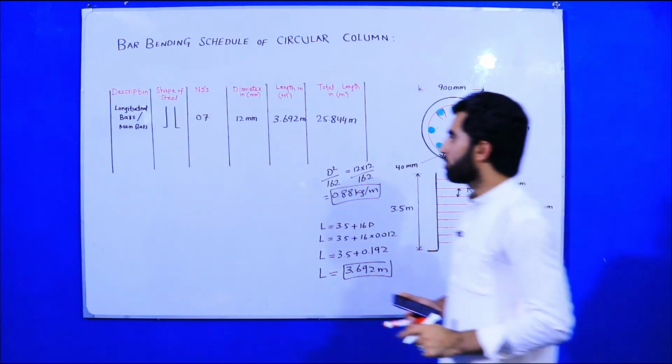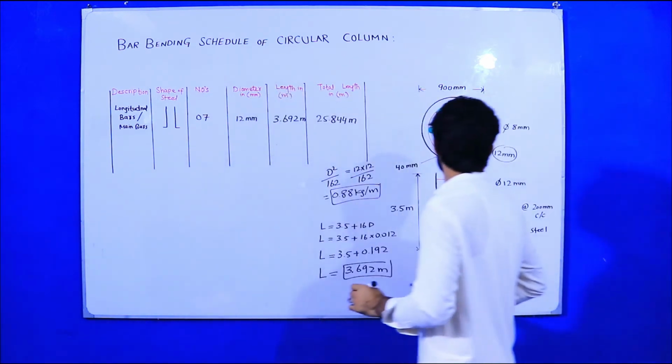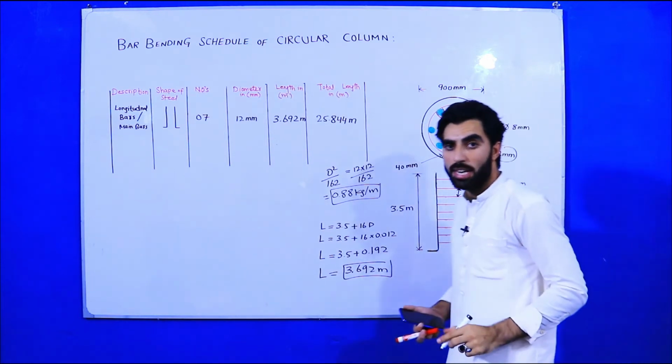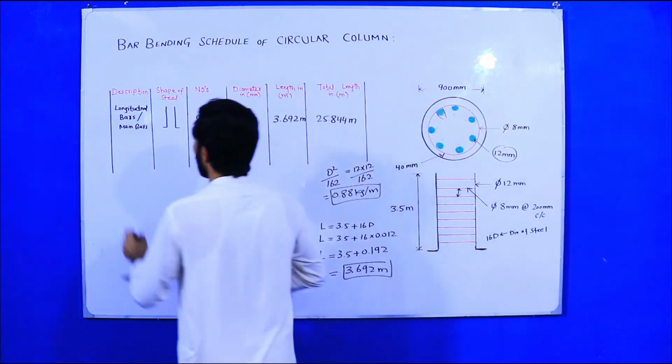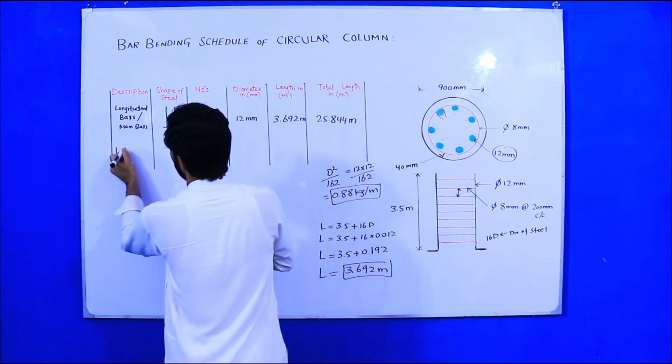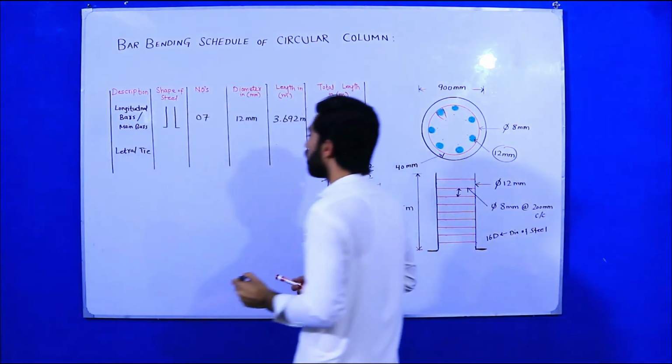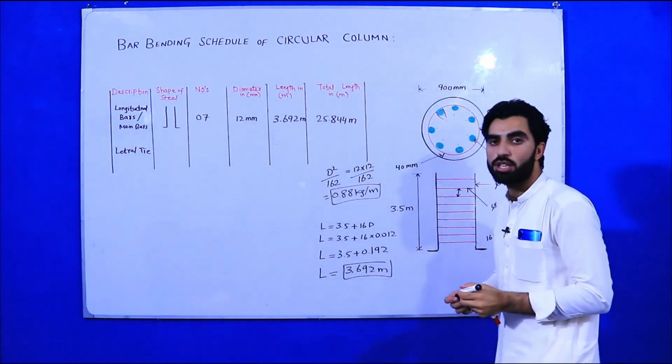Now, guys, we have the other, that is lateral tie. So how can we find the cutting length of lateral tie? First of all, we are required to find the number of lateral ties.